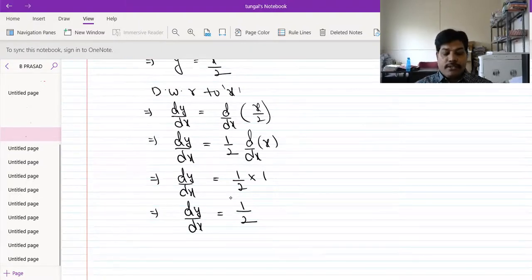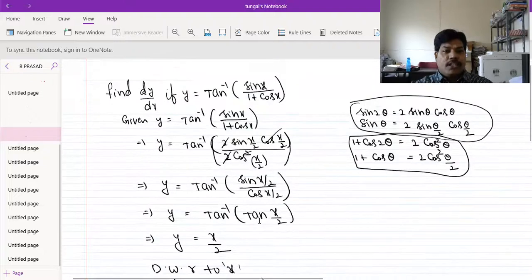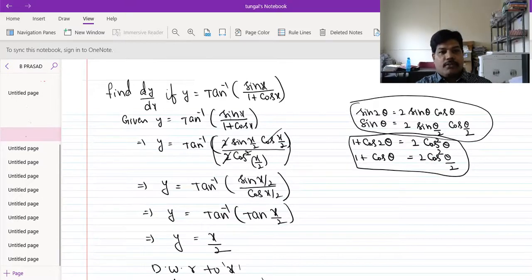So see that question, students. y is equal to tan inverse of sin x by 1 plus cos x. First you have to understand that sin x, in the half angle formula, is 2 sin x by 2 into cos x by 2, and 1 plus cos x, in the half angle formula once again, becomes 2 cos square x by 2. The 2 will be cancelled, and the cos x by 2 and the square will be cancelled.